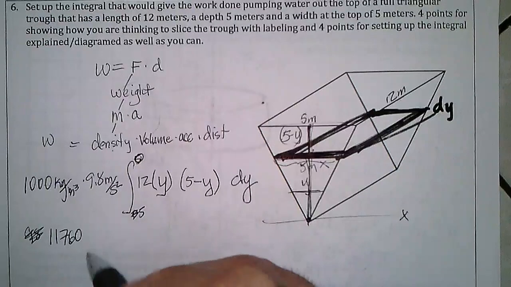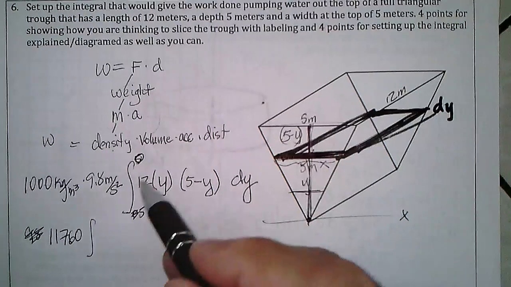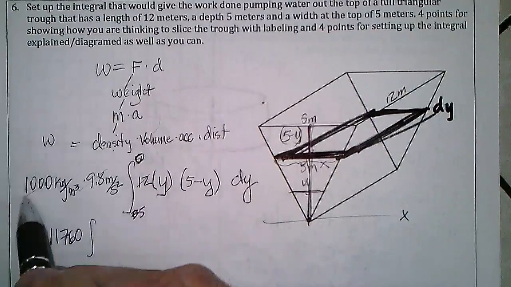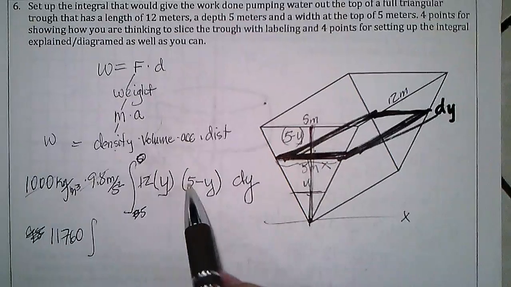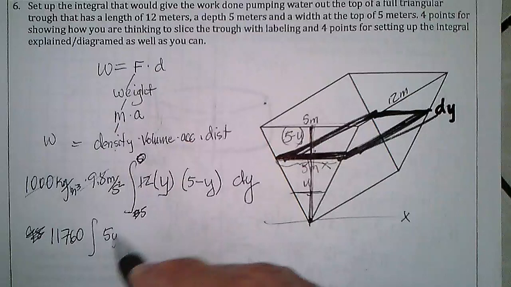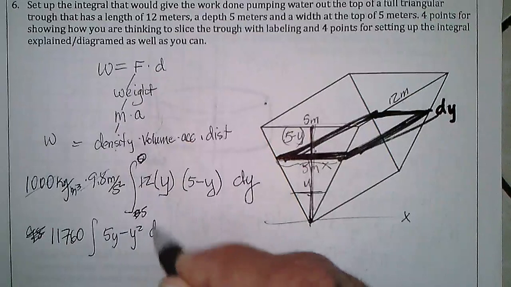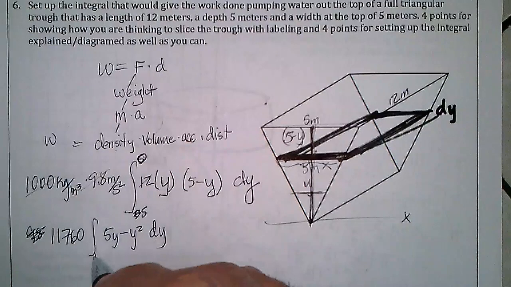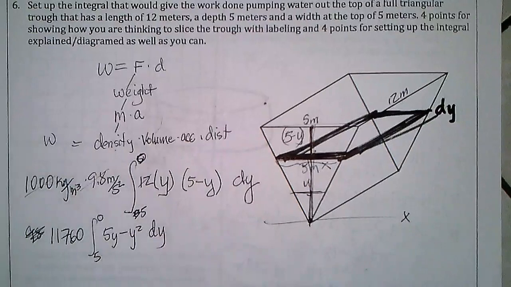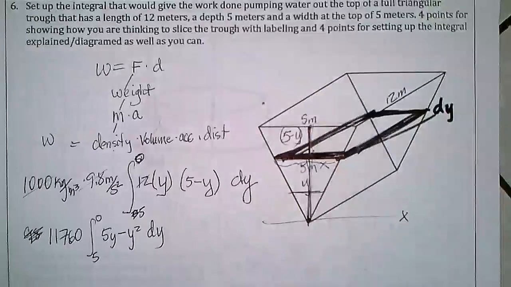11760 integral, so I've taken care of the 12, the 9.8, the 1,000, of 5y minus y squared dy from 5 to 0. Starting from 5 and working our way down to 0.